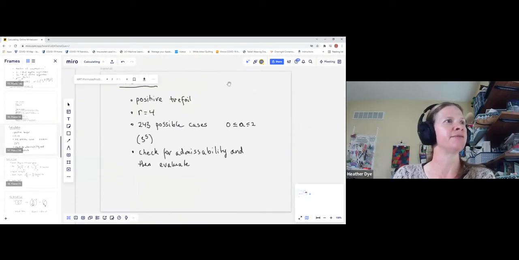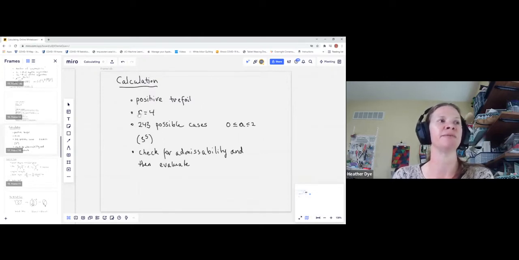So here's a summary of what I just went over. This was our computation for the positive trefoil. I picked a fairly small R value. There are 243 cases we have to evaluate. In the original colorings of the trefoil, A runs between 0 and 2.